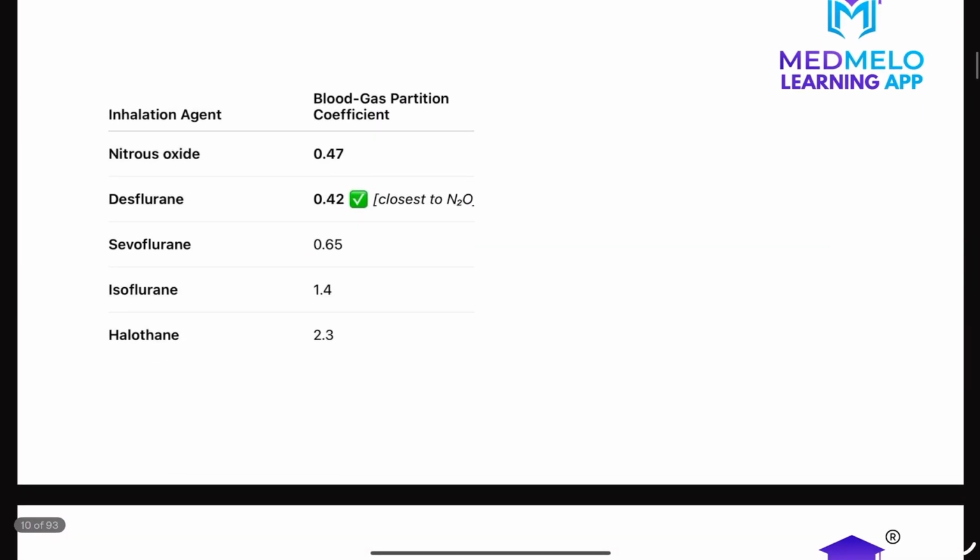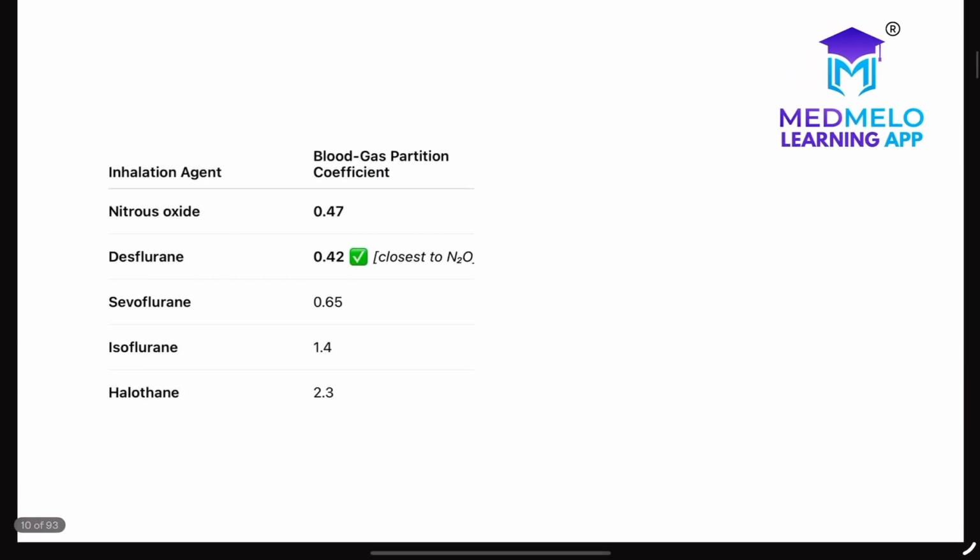The blood gas partition coefficient of nitrous oxide is 0.47. Looking at desflurane, it is 0.42, sevoflurane is 0.65, isoflurane is 1.4, and halothane is 2.3.